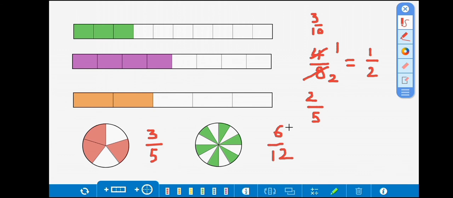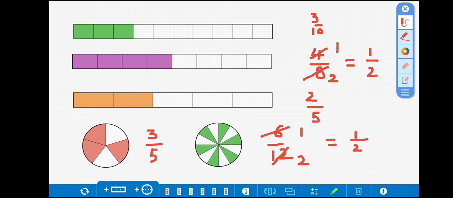Here I have taken a circle again, and now total parts are 12. Out of these, 6 parts are colored with green color, right? And how can we write the fraction? So we can write 6 upon 12, and 6 ones are 6 and 6 twos are 12. So we can write in the simplest form 1 upon 2, right?